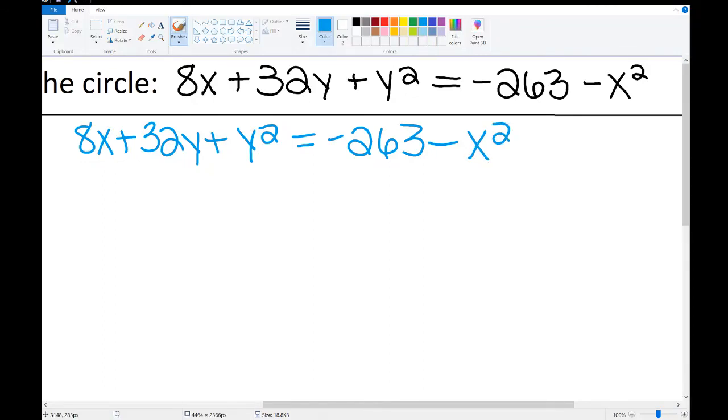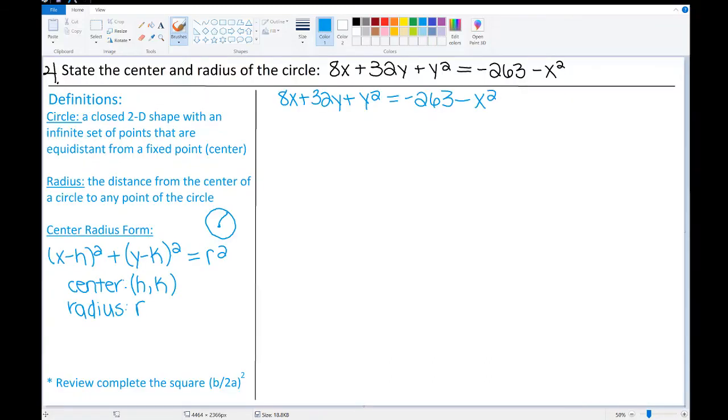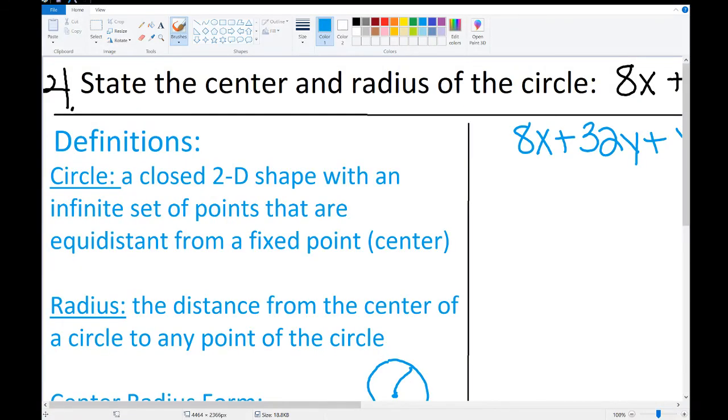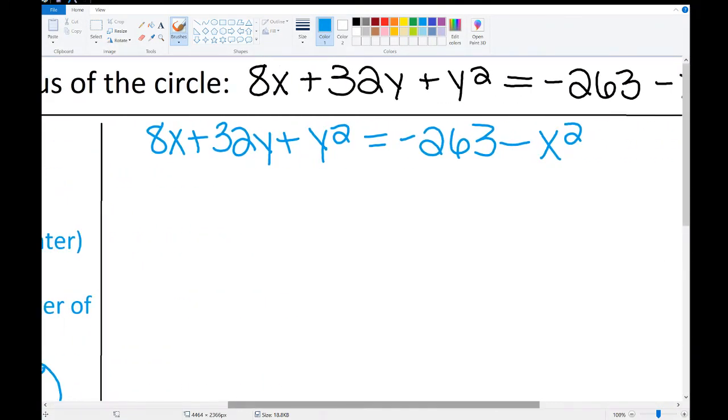So what we want to do first is get our equation to look like center radius form, because then from there we can easily see the center and the radius. In order to do that, we need to get all of our variables on one side. Let's move the x squared over to the left side by adding it to both sides.